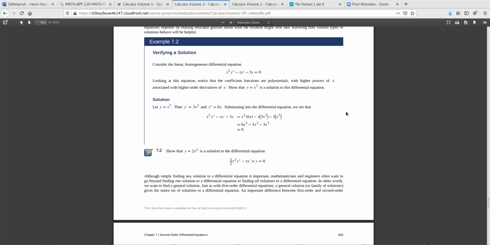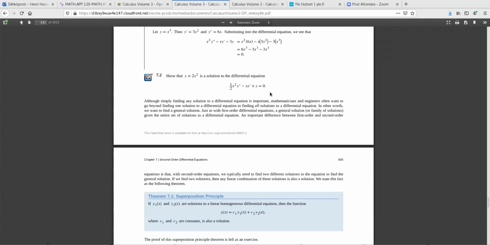So for instance, if someone proposes that y equals x to the 3 is a solution to this equation, then we can just try it out. So let y equal x to the 3. We calculate the derivative, which is 3 times x to the 2, and then the second derivative, which turns out to be 6x, and substitute this into the equation. It turns out to be 0, so that is in fact a solution.